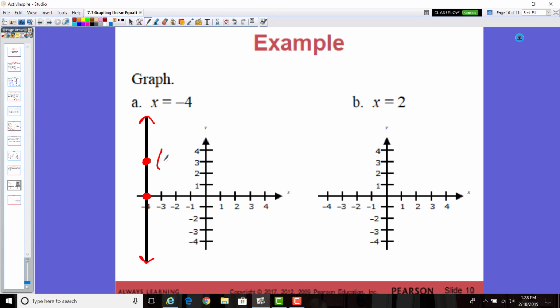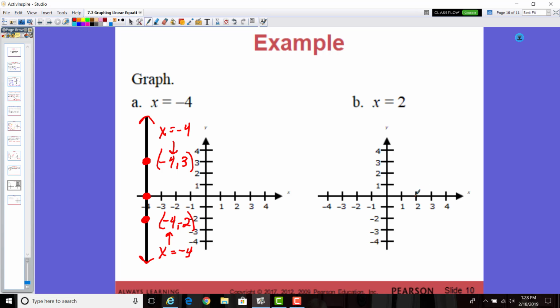This is the point -4, 3. My x value equals -4. Down here, this is -4, -2. Different point, but my x value still equals -4. So x equals -4 describes a vertical line.